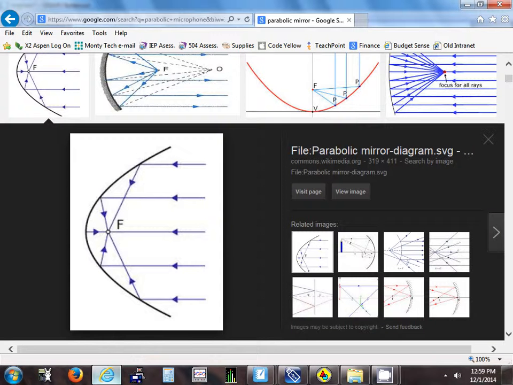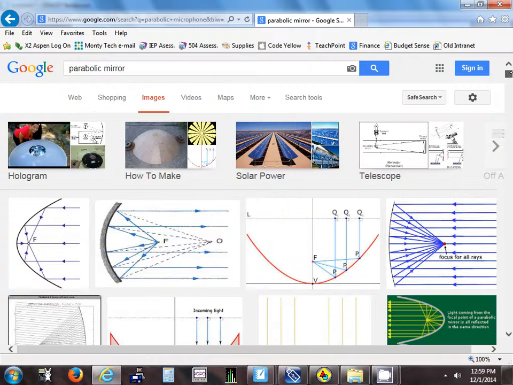So what does it do once it hits that? Well, let's say this was a dish, you might have a little microphone right there. And if you've ever seen someone, sometimes they use those to hear things far away. Might have an example. Let's see. Let's try typing in parabolic dish.